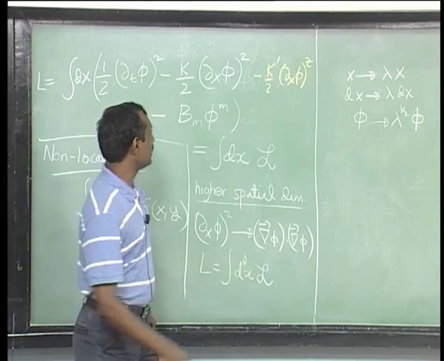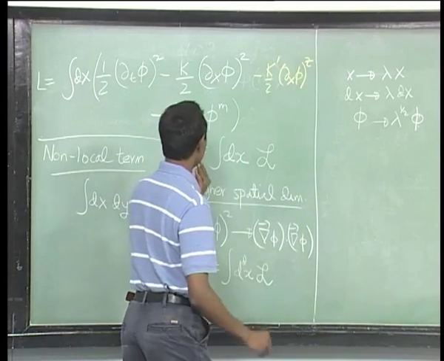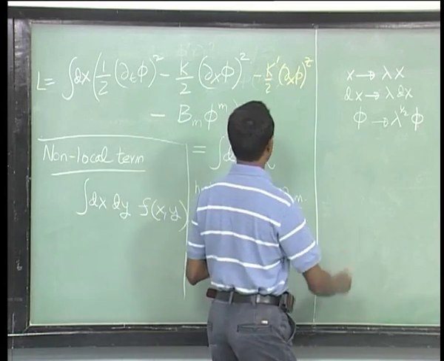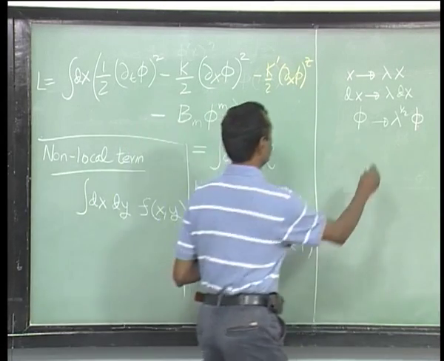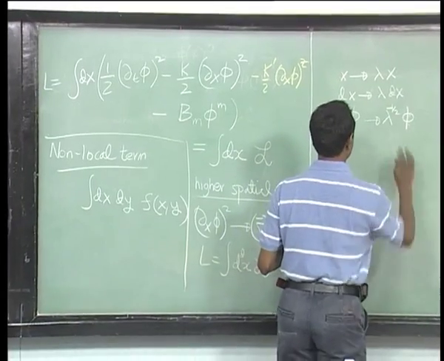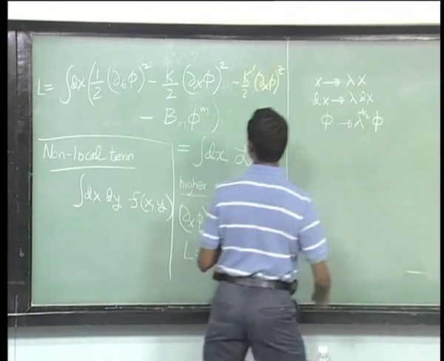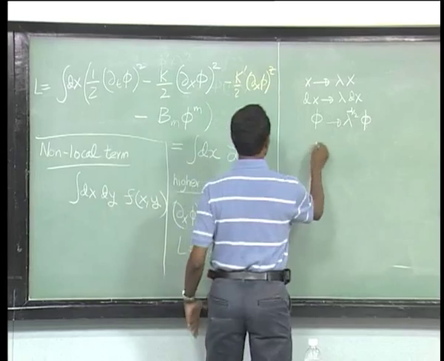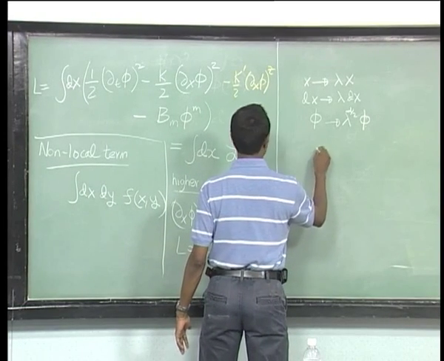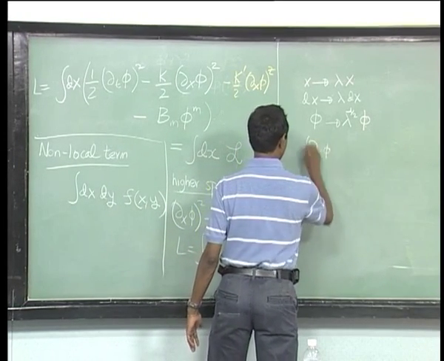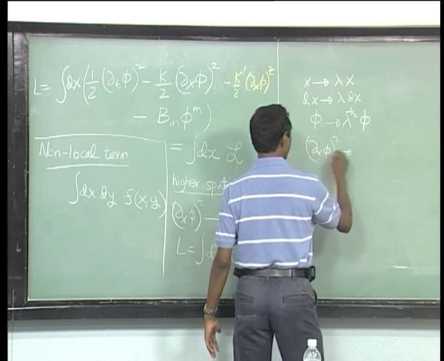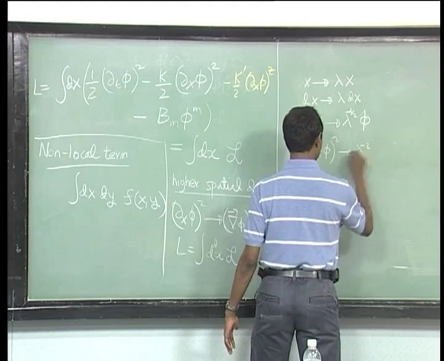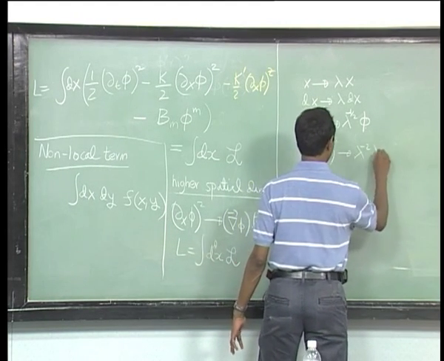So dx of phi whole squared will give you a lambda power minus 2, and phi will give you a lambda power.